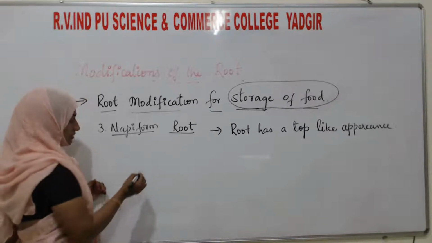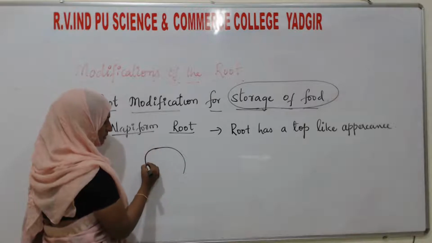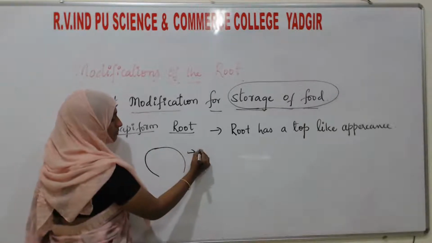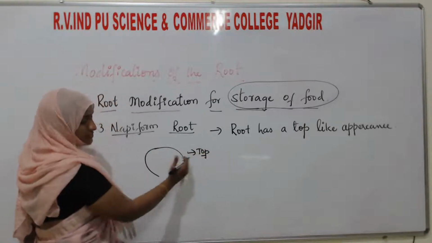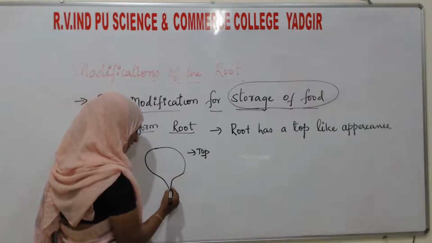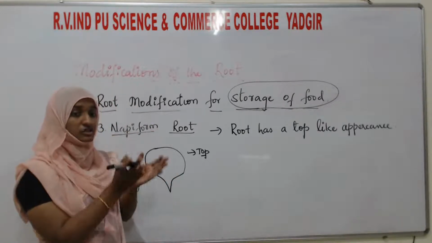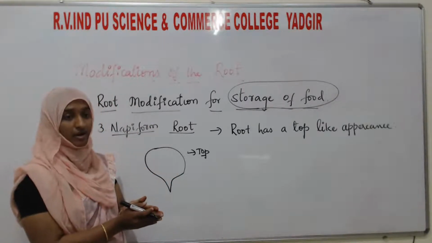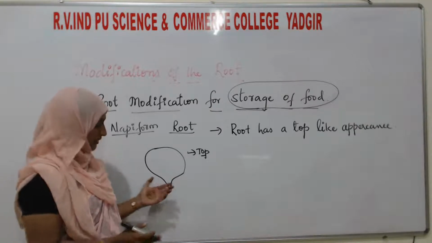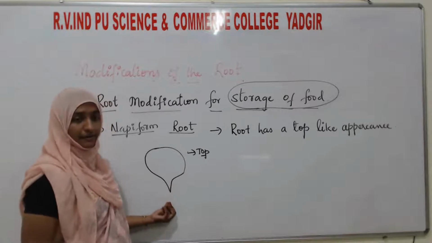Here you see, it is the widest part at the top, and suddenly it tapers at the bottom. It is not going to taper steadily, but suddenly you can see the tapering end.